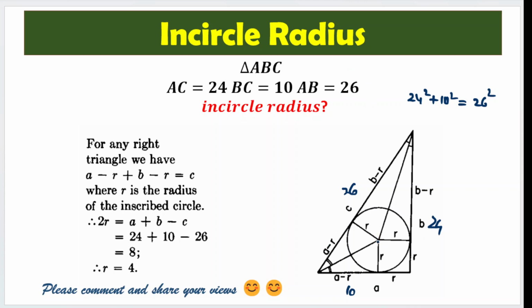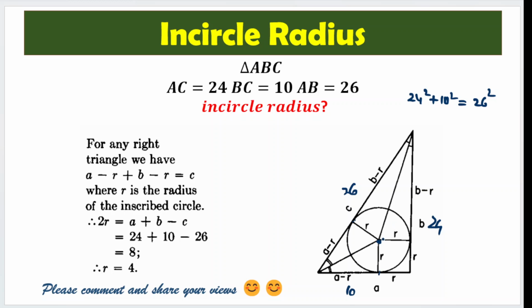Now, what is the incircle? The incircle is the one which touches the sides. That means from the center of the incircle to the sides, the distance will be equal. The radius will be the distance between the center and the sides, the perpendiculars drawn from the center to the sides. The lengths of those perpendiculars would be the radius.